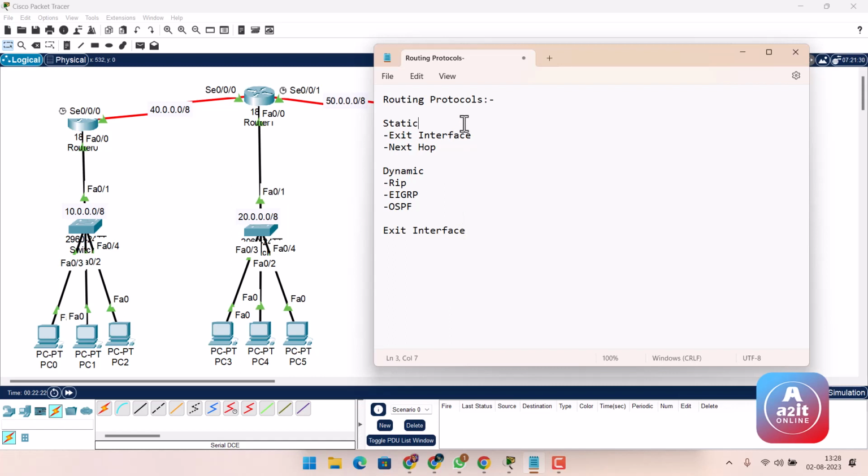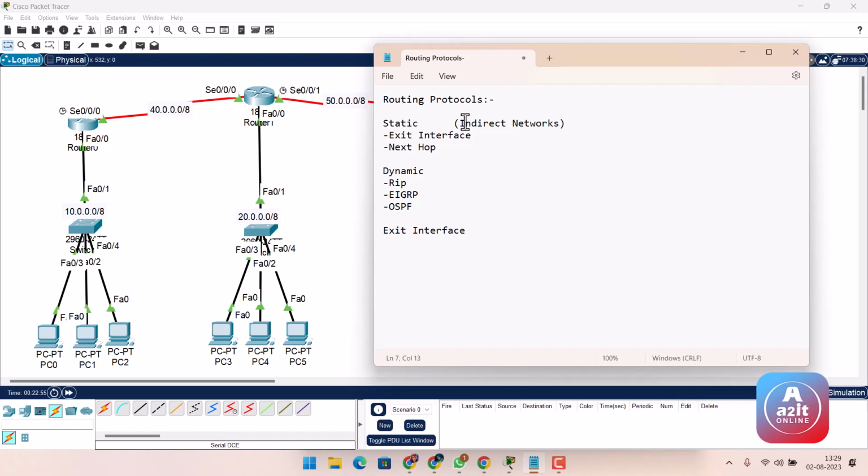But before that, let me clear one really important thing: in static routing, no matter whether we use the exit interface or next hop, we need to care about our indirect networks. The reason behind it is we need to mention each and every indirect network while we are using static routing.